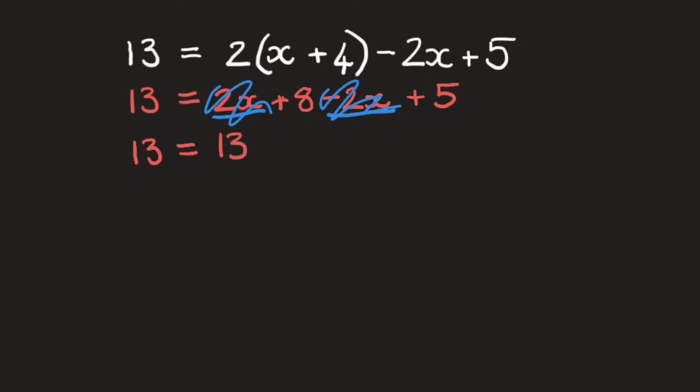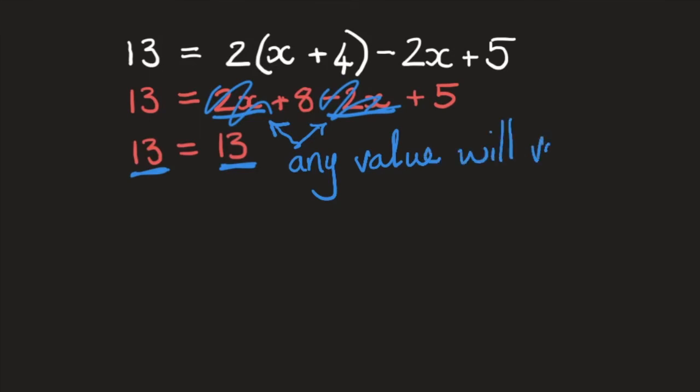Now you'll see over here that 13 is equal to 13. And that means it doesn't actually matter what values we would give to x. Any value will work as long as the number is real. So this is a very specific way we've got to write it.